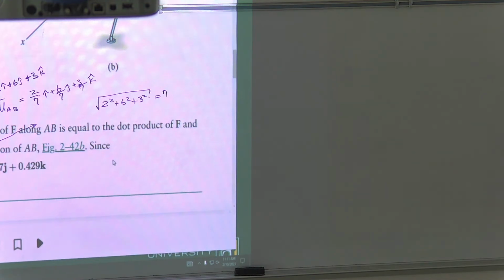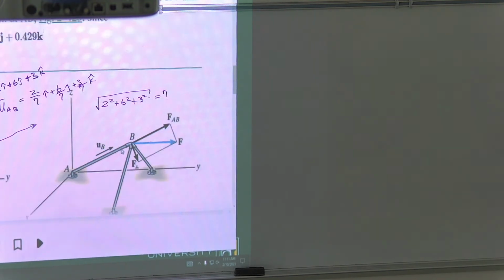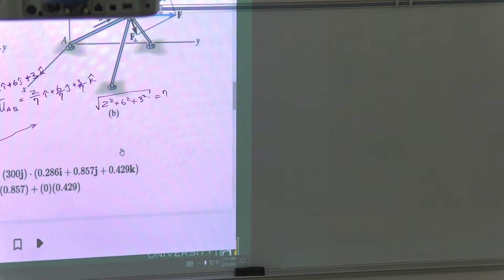I didn't work that out. 2, 6, 3, and he did that, and I got that as 7. So I didn't work that number and that number and that number out, but that's that and that. And then you need to dot it, but where did he dot? Okay, well it is that.